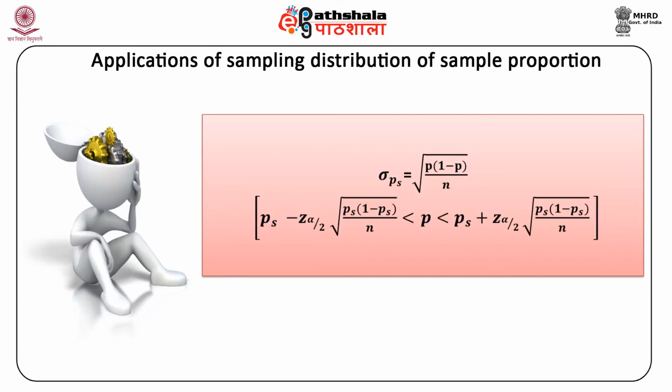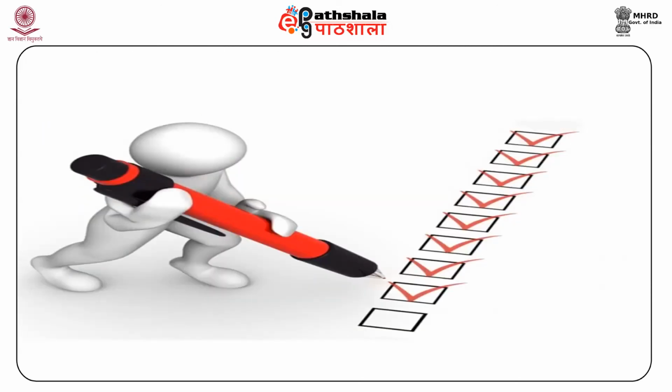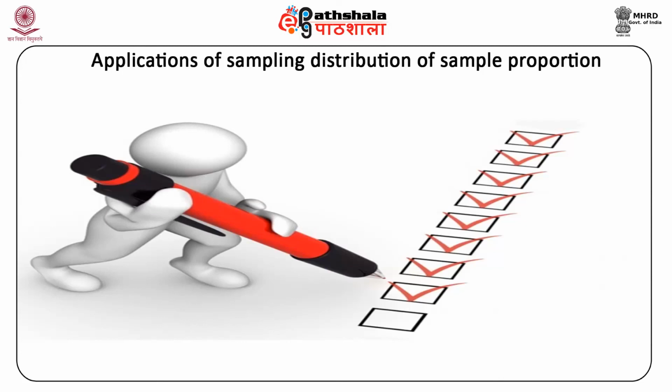Then we find that the probability p will be greater than Ps minus Z alpha by 2 into the square root of Ps into 1 minus Ps upon n, but will be less than Ps plus Z alpha by 2 into the square root of Ps into 1 minus Ps upon n. This gives an approximate 100 into 1 minus alpha percentage confidence interval of p.